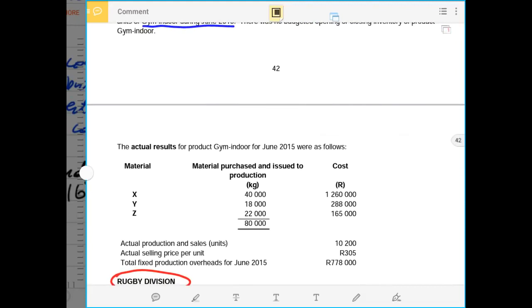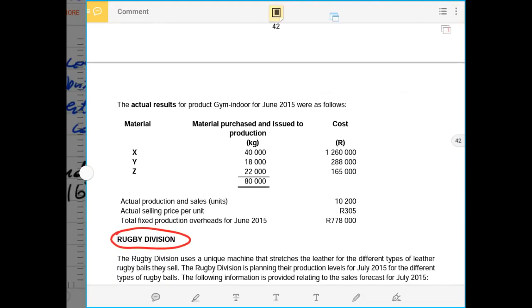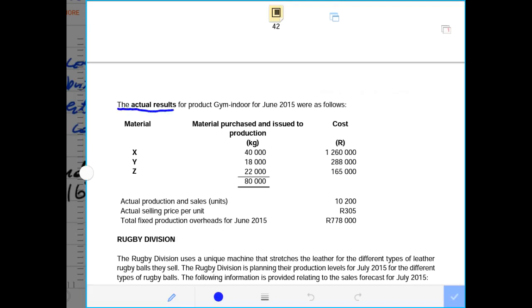Then now let us go to the actual results, because we are calculating variance, so we need to know how much was budgeted in comparison with the actual information. It says the actual results for product gym indoor for June 2015 were as follows. We are provided with the materials, once again, material X, Y, and Z. Obviously, these are the material the company is using to manufacture one unit of a product.